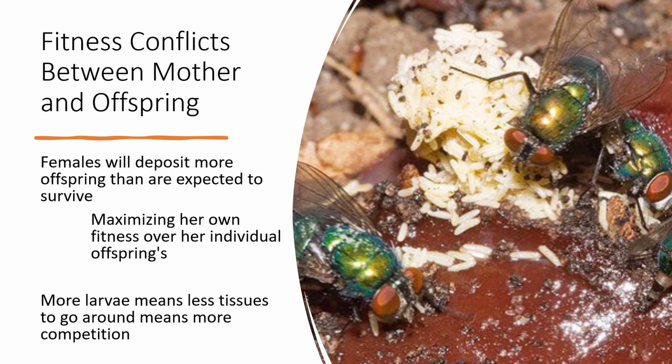One thing I wanted to bring up, because I mentioned in the reproductive strategies lecture that female flies will always choose a resource to increase their own fitness. Usually when a female does this, it is in complete opposition to her offspring's fitness, because she will lay a larger egg clutch to make sure individuals make it to adulthood.